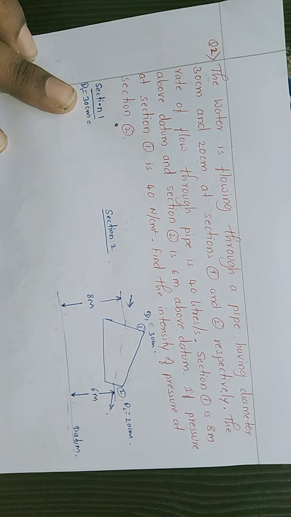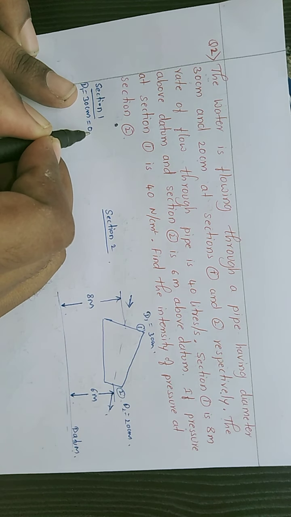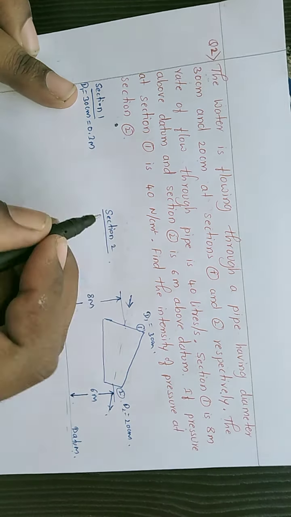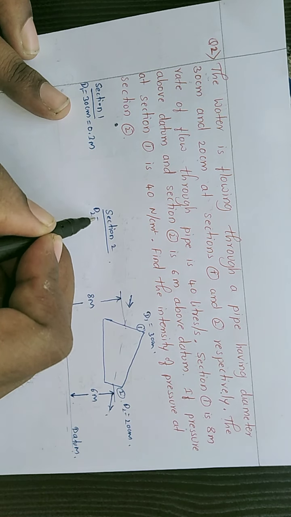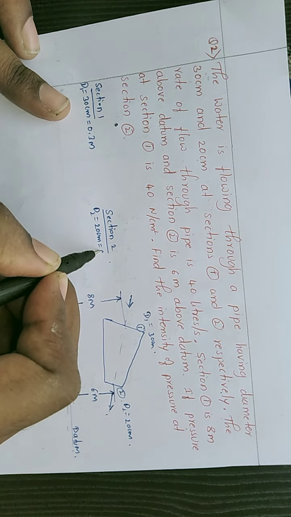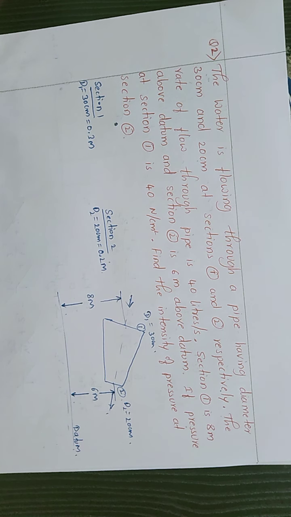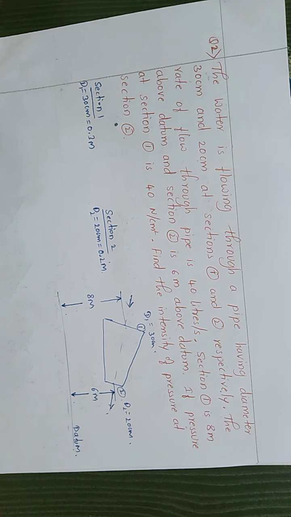So how much will it be? 0.3 meters. And d2 is 20 centimeter, which is nothing but 0.2 meters. You have to convert everything into SI units.